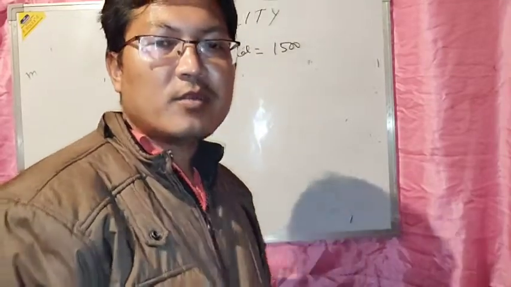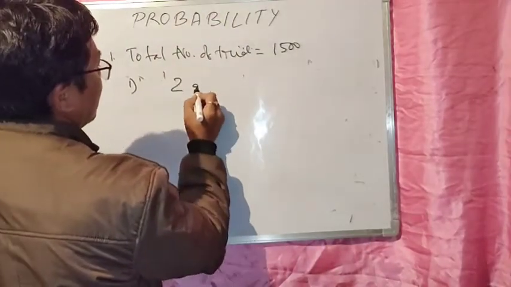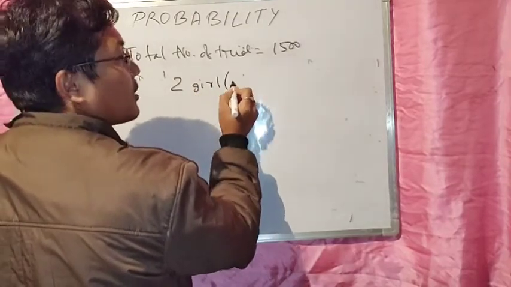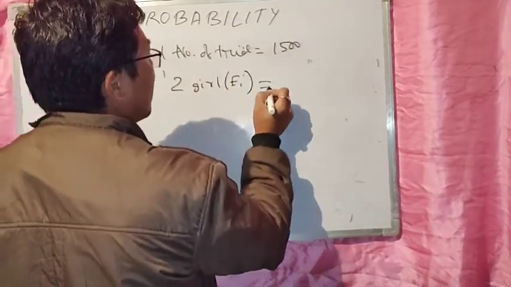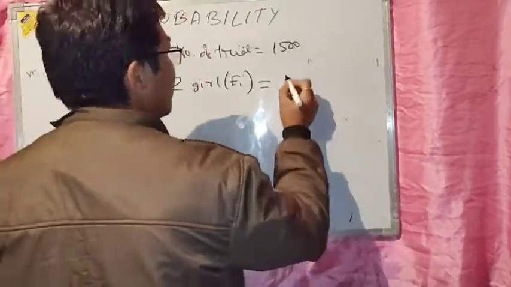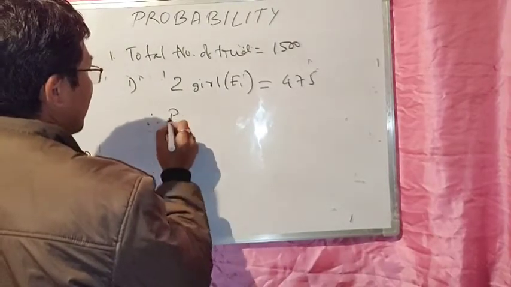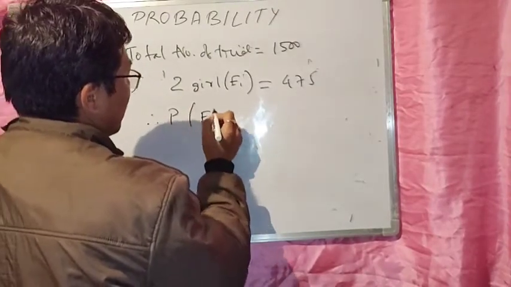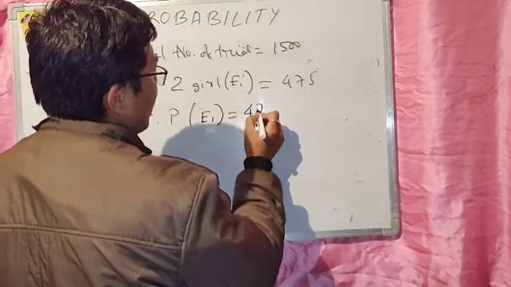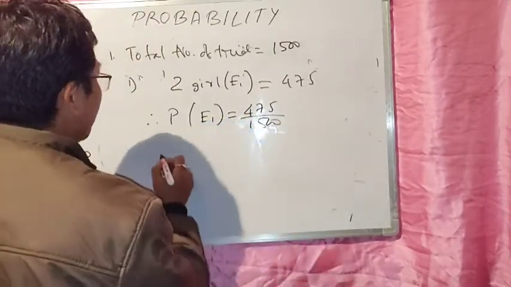The first one is 2 girls, 475. Then what will be the answer? Therefore the probability of E1 will be 475 by 1500.